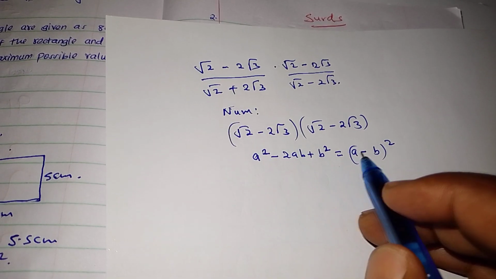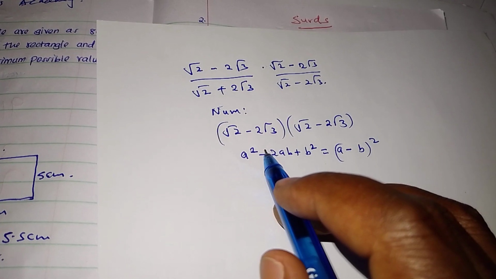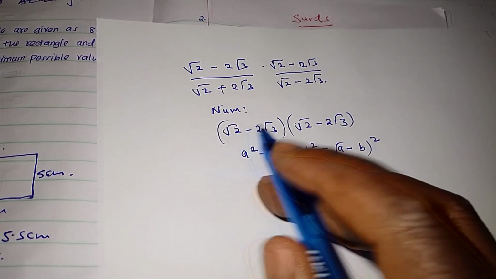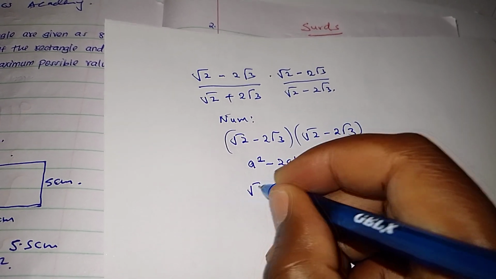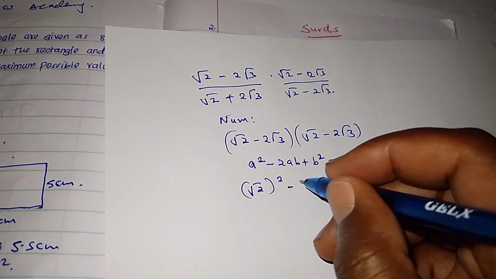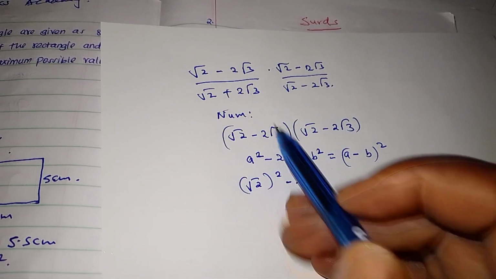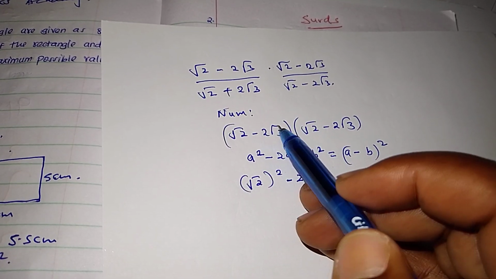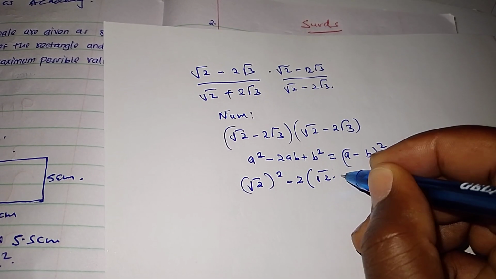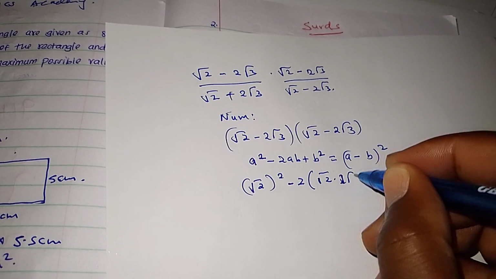If you have two quantities A and B subtracted and squared, the solution is to take the first term squared, that's root 2 quantity squared, and then minus 2 times the product of the first and the last, so root 2 and 2 root 3.